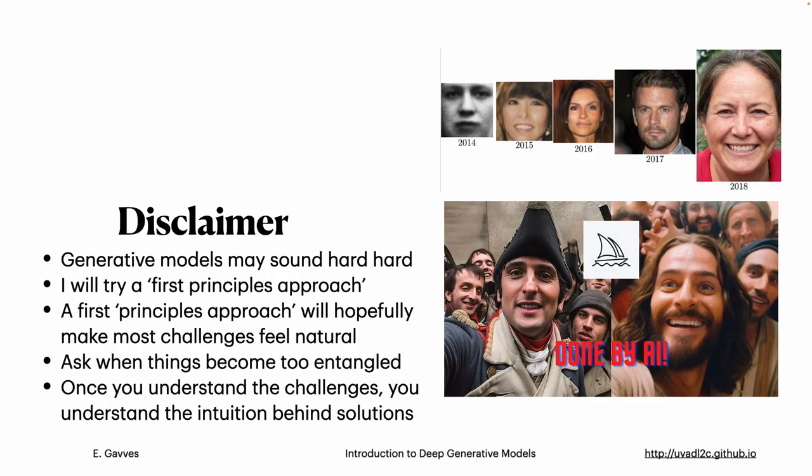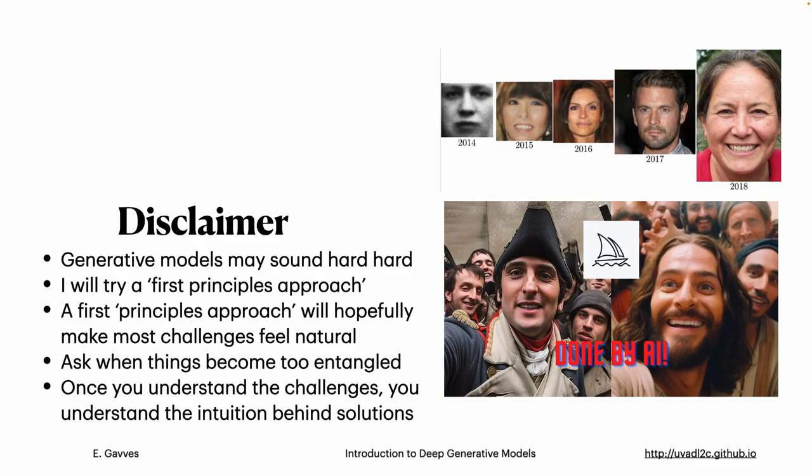As a disclaimer, generative models, at least from my perspective, often sound hard, and they can be hard. I will try to have, in this module, a first principles approach, because I think a first principles approach makes things simpler to understand.